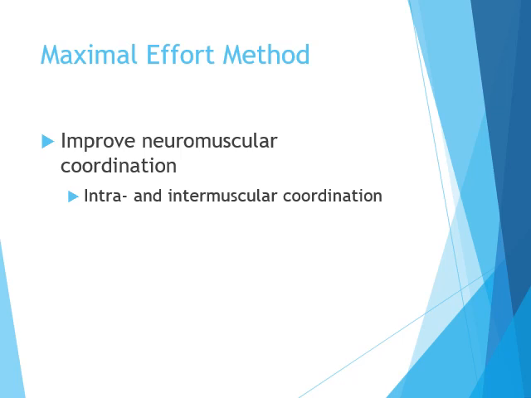The repetitions for this depend on the goal. Typically, with the max effort method, with bigger lifts, you're going to do somewhere between 1 and 5 repetitions. So you will sometimes work up to a 1 repetition max, and that's going to help improve that neuromuscular coordination.